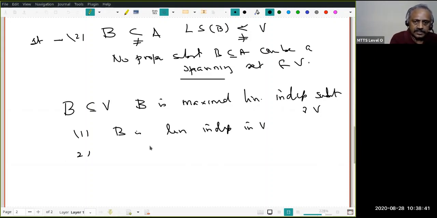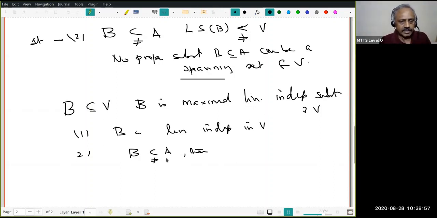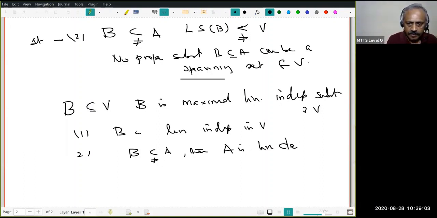Second, it's maximal. What does it mean? If B is contained in A properly, then can A be linearly independent? No, because B is maximal among linearly independent sets. That is, if A contains B properly, then A is linearly dependent, which is the same as saying A is not linearly independent.